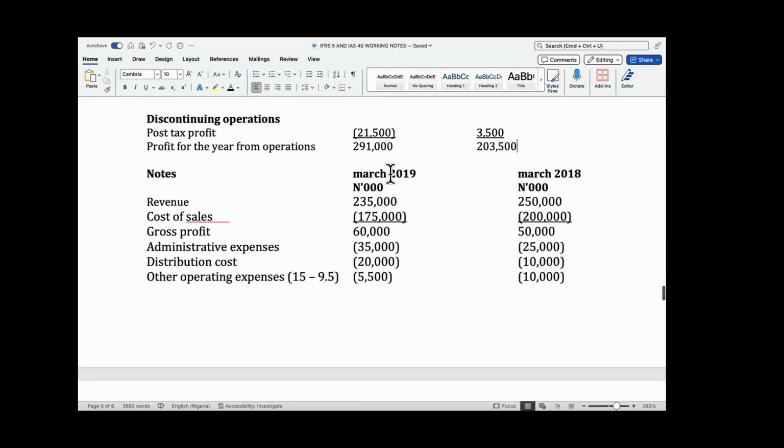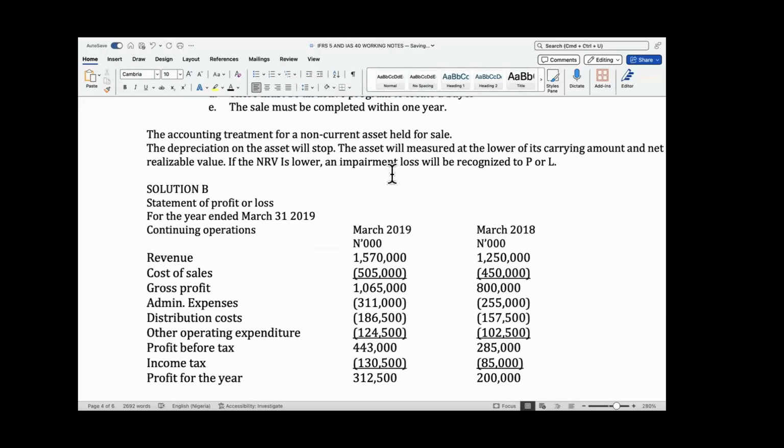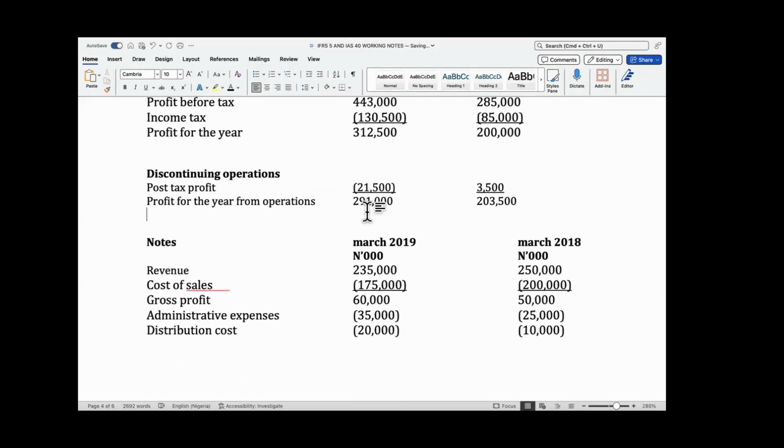And that's the end of this question. It's not difficult, but you just need to be careful and do it properly.